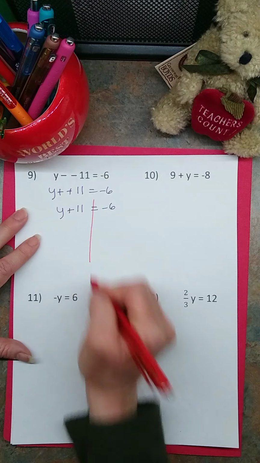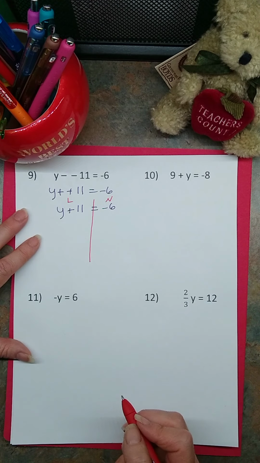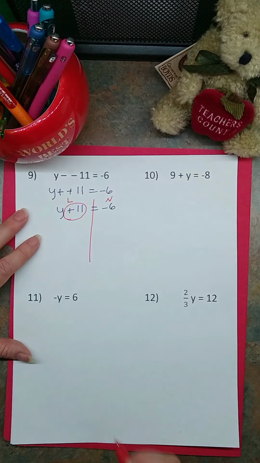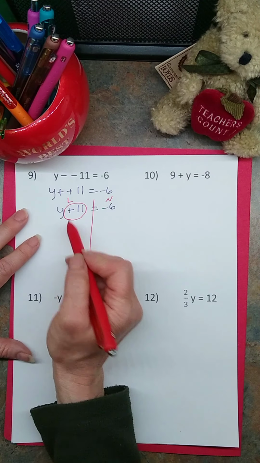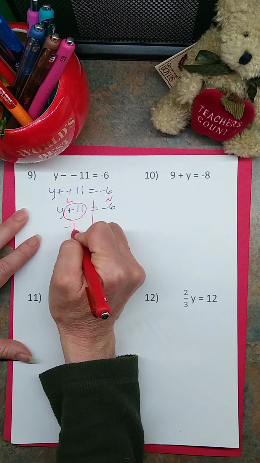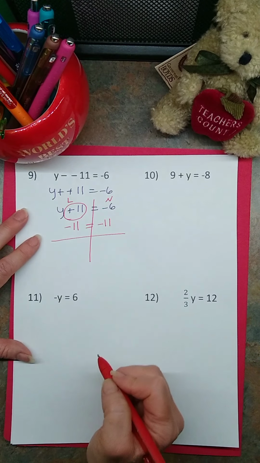Divide it in half at the equal sign, letters and numbers. What's on the wrong side? +11. Notice how I circle the plus with the 11. What's the opposite operation of +11? Yep, -11. Do the same to both sides.